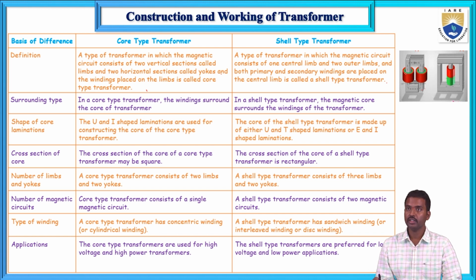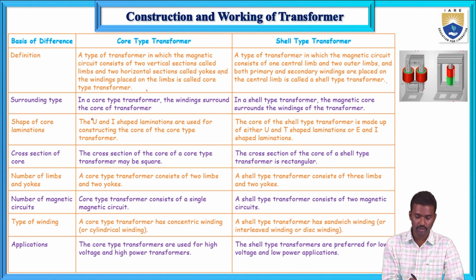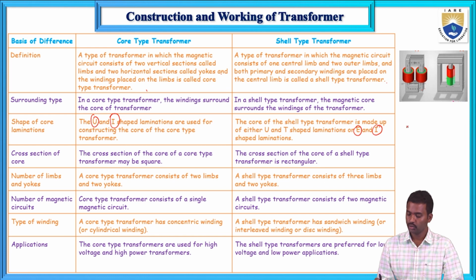Next, the laminations: both are laminated constructions. Here the shapes are U and I shape, and here the shapes are E and I shape. U or T shapes can also be used.